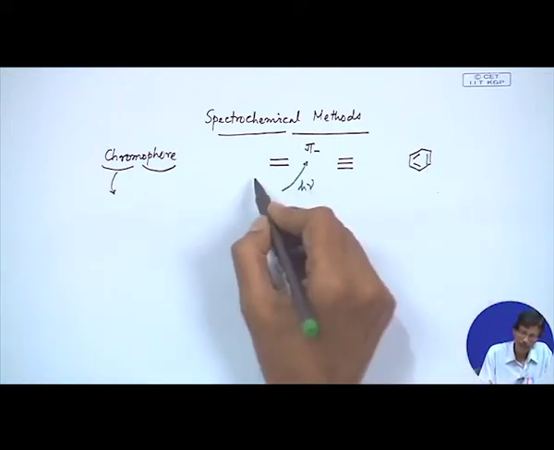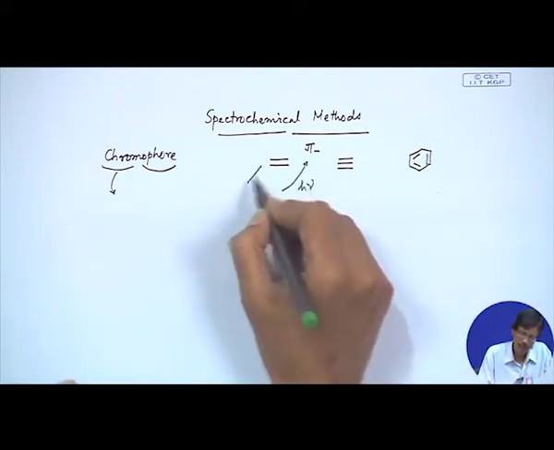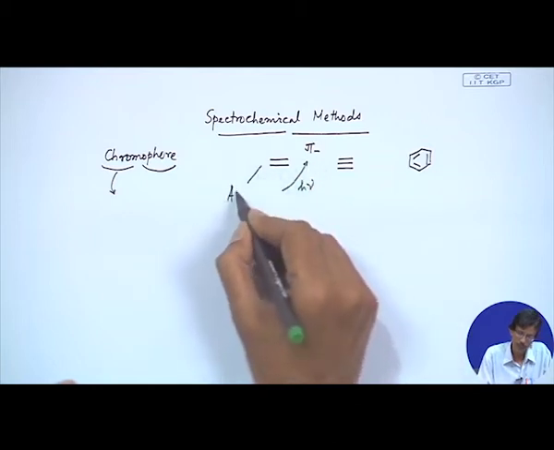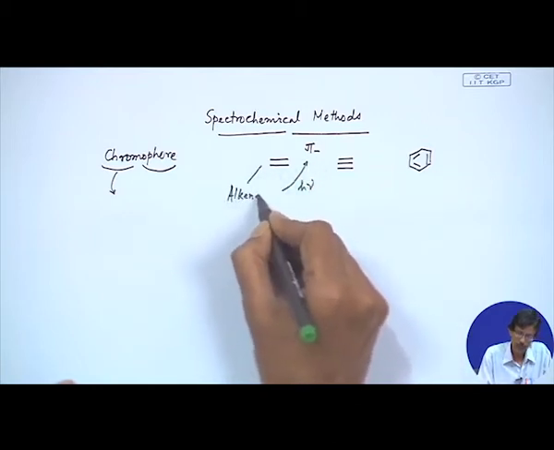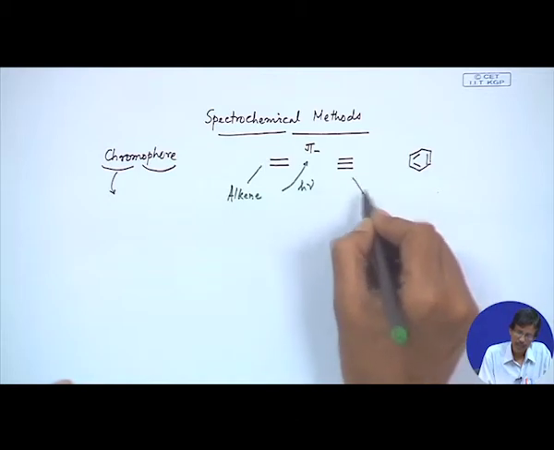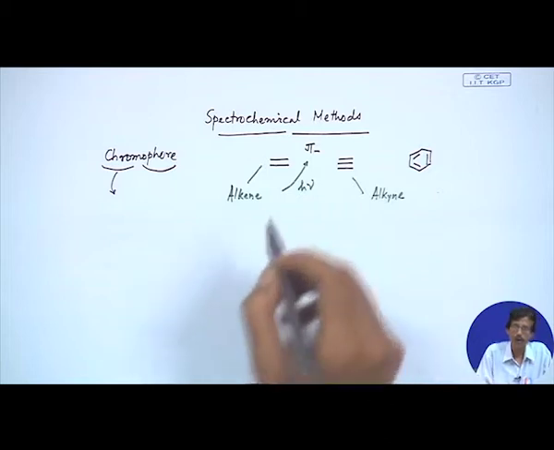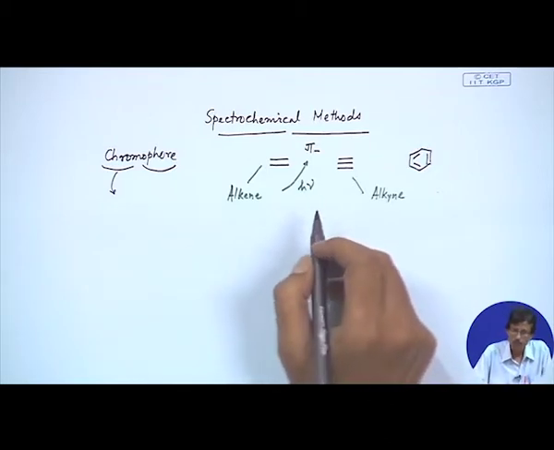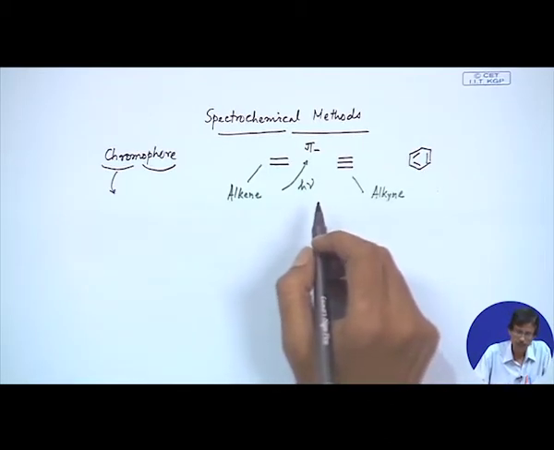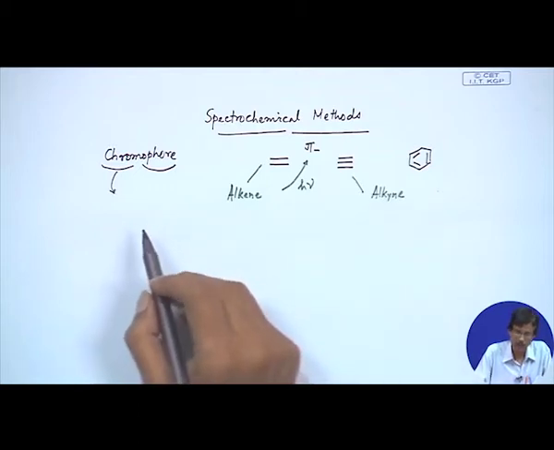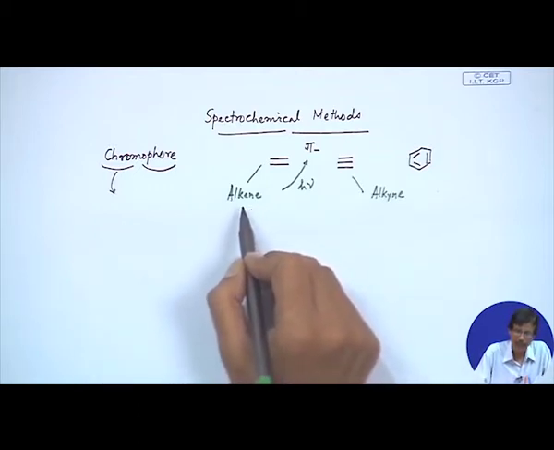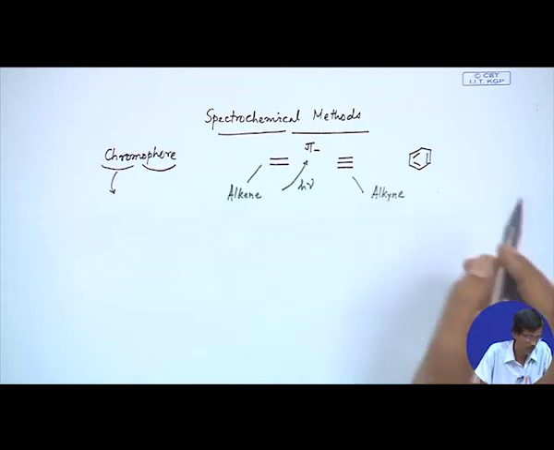So, one such thing that we know is where we have the double bond, we consider that these are the alkene species and these are your alkyne species. So, how do they absorb and how do they respond to electronic transitions, and how can electronic absorption spectroscopy help us to characterize the alkene species or the alkyne species.